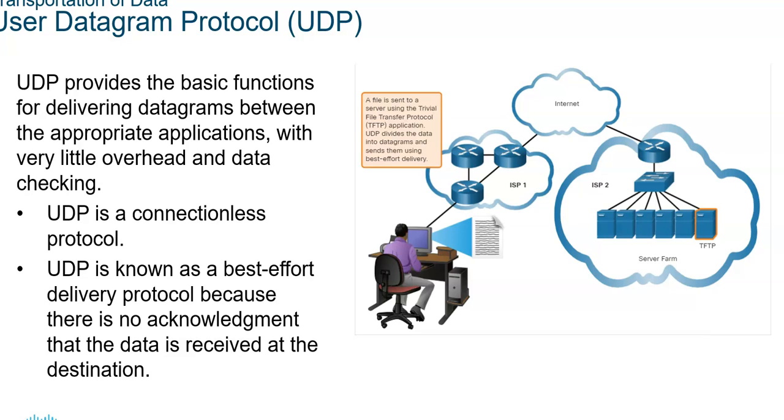UDP, User Datagram Protocol, provides basic fast delivery without accuracy or assured delivery. It is best effort. I like to call it the I-don't-care protocol because no connection is made. The information is simply received and sent right along.